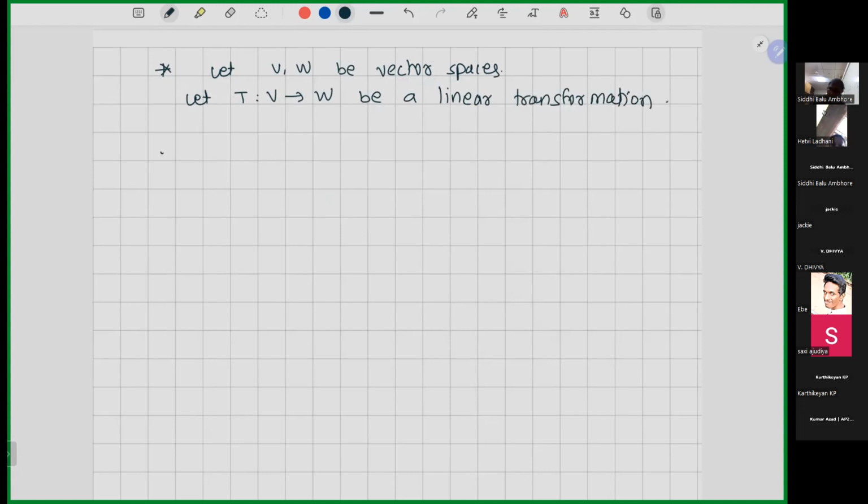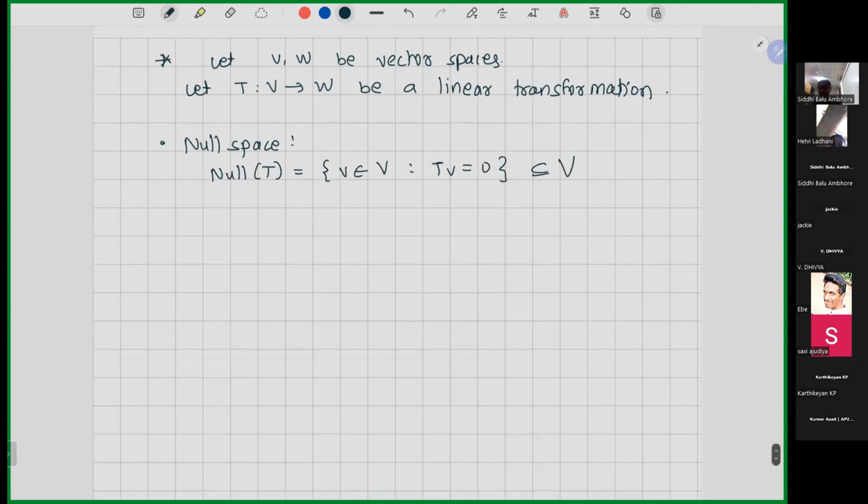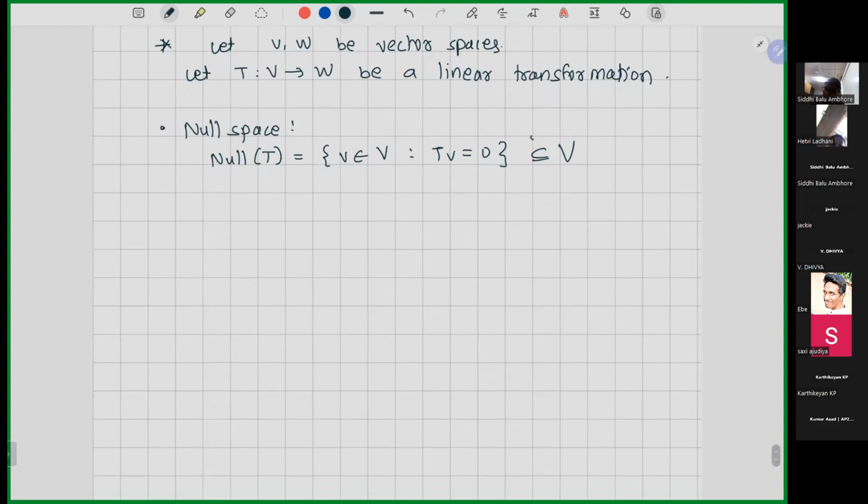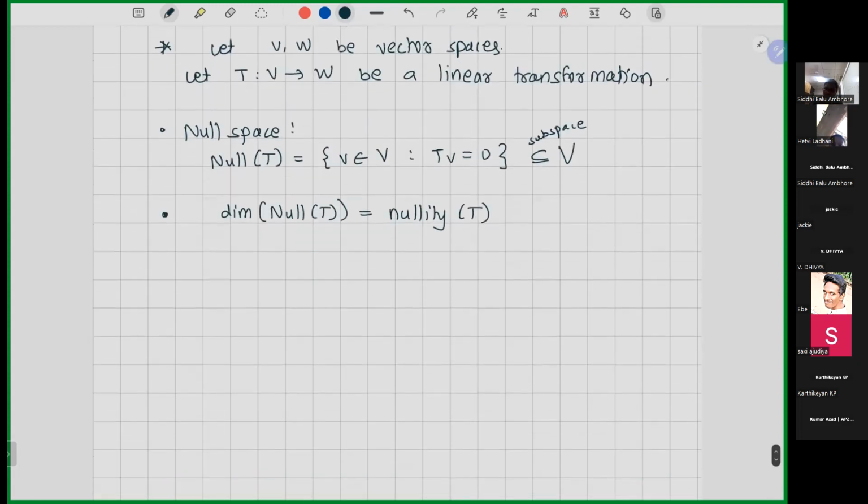Then the null space, denoted by null of T, is the set of all V in V such that TV is 0, and this is contained in our V. If you check, this is a subspace of V, and the dimension of null T is called the nullity of T. So the dimension of the null space is called the nullity of T. And now the range of T.